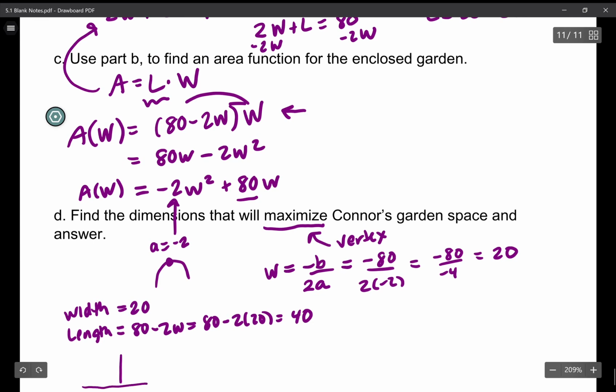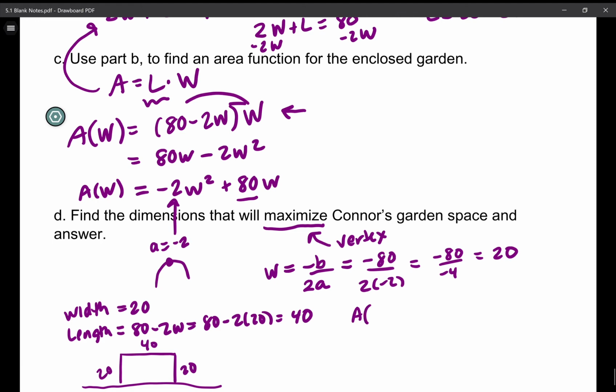So if I have a width of 20, let's redraw my picture. Here's my back fence. Width of 20, length of 40, width of 20. Yep, that all adds up to a perimeter of 80, and my area is going to be equal to, well, there's a couple different ways we can figure it out. One, we can just take 40 times 20, which is going to be 800.